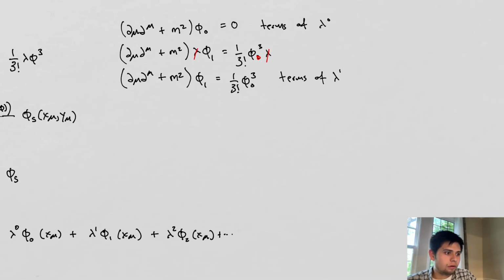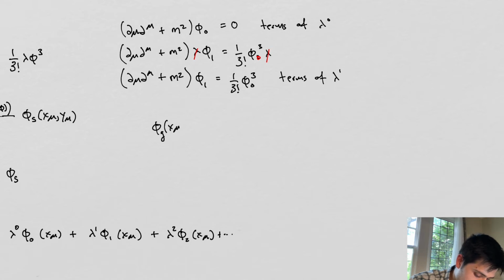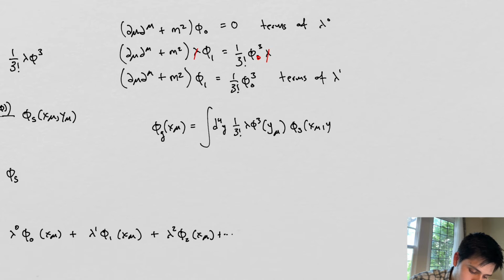Now, what's interesting is that when we start talking about interactions, the interactions are going to look like this: d4y times 1/3 pi cubed y mu phi s x mu y mu.